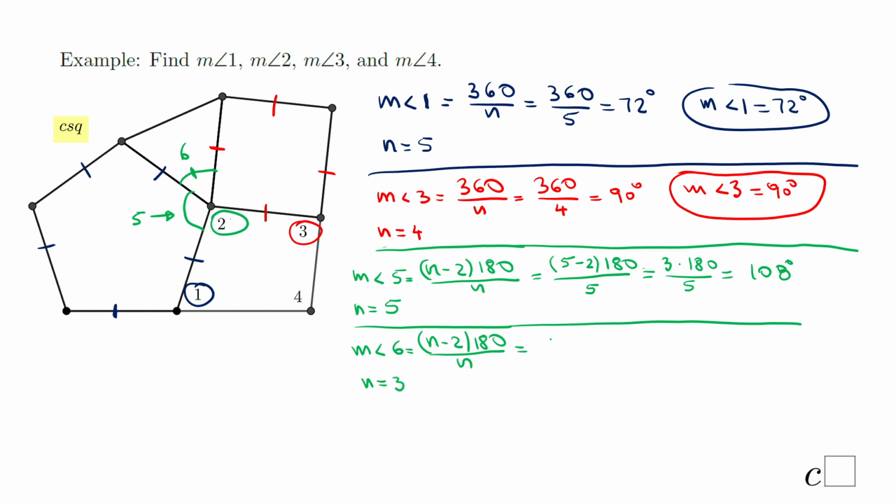So we're going to have 3 minus 2 times 180 over 3. So we're going to have 1 times 180 divided by 3, and that will be 60 degrees.